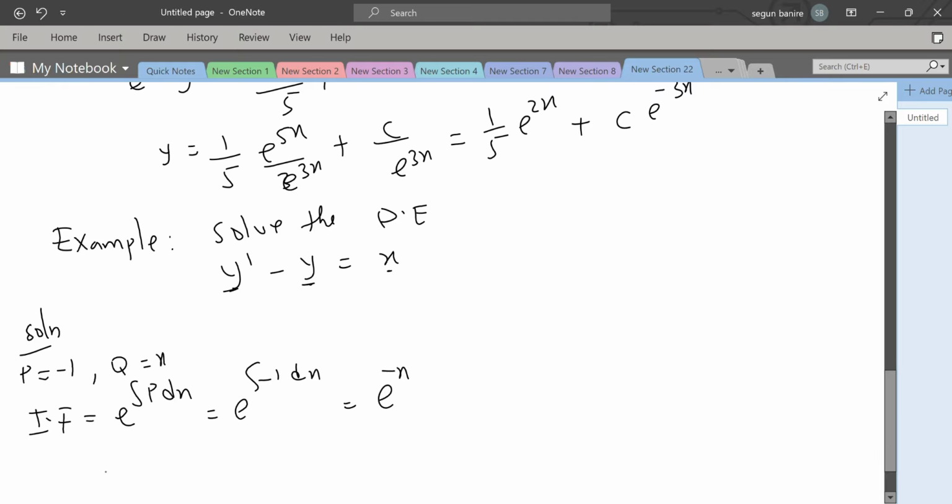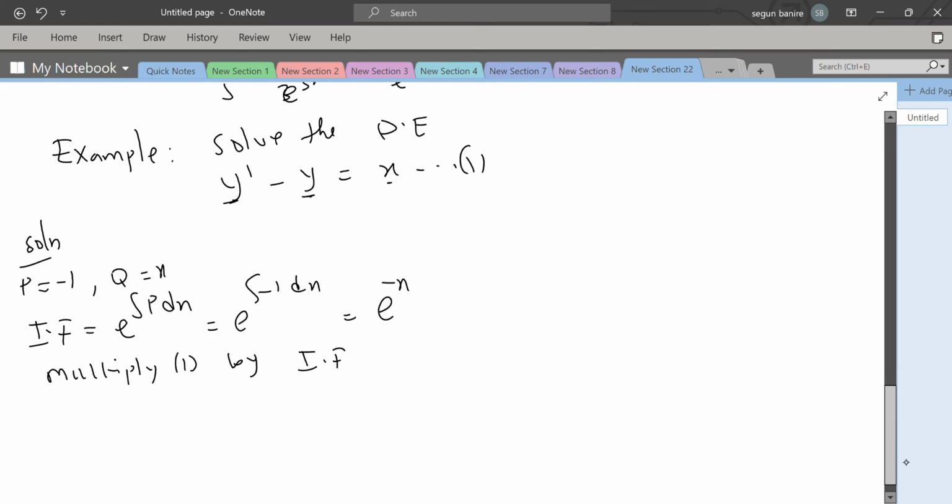Okay, so what do we do next? We multiply. You can call this equation 1. That equation that you pick the p from is what you multiply by the integrating factor. So multiply 1 by the integrating factor.